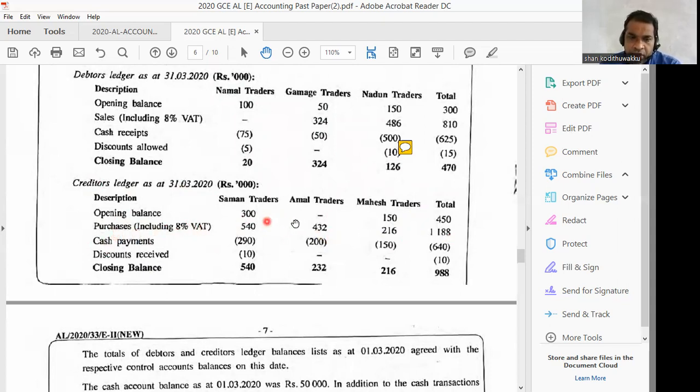We have to record credit purchases in the purchases journal. From Saman Traders, we have purchased 540 worth of goods, from Amal 432, Mahesh Traders 260, total 1160. Then we can separate 540 into VAT 8% and net purchases and record it in the purchases journal.